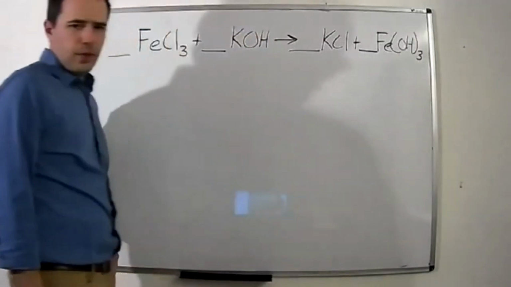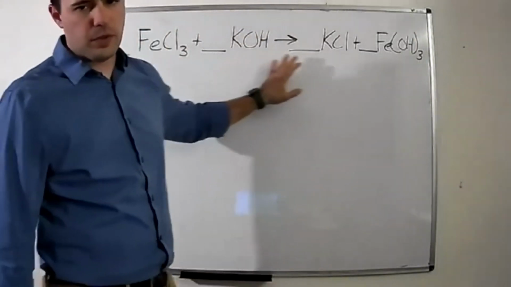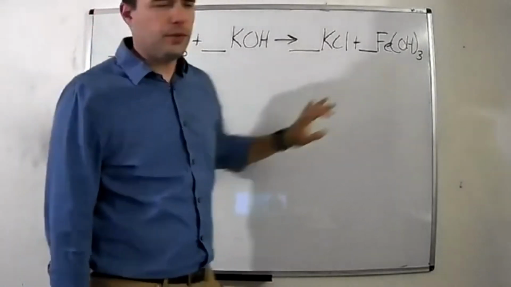Let me copy that down real quick. So we got iron 3 chloride plus potassium hydroxide goes to potassium chloride and iron 3 hydroxide.